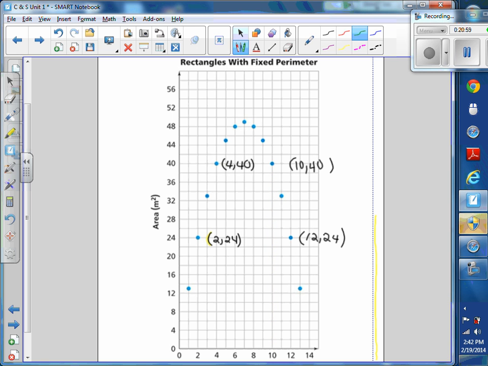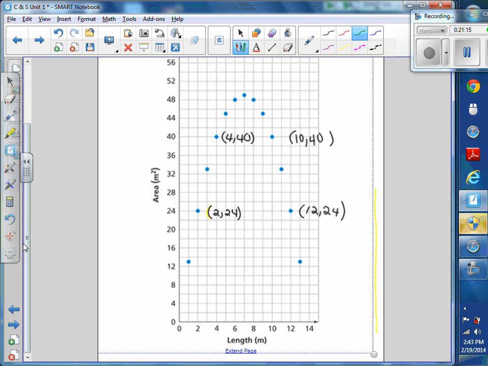So the questions about this, if we looked at these problems, this is 31, right? So 31 says, what's the area of a rectangle with a length of 2 meters? That's the one I was reading earlier. So the length is across the bottom. So go over to 2 meters and then read across, and that's your area.